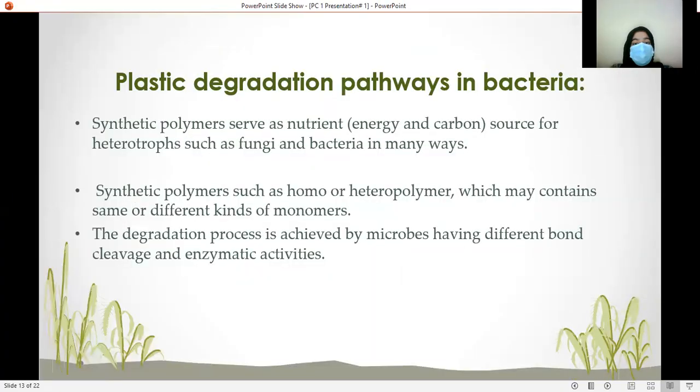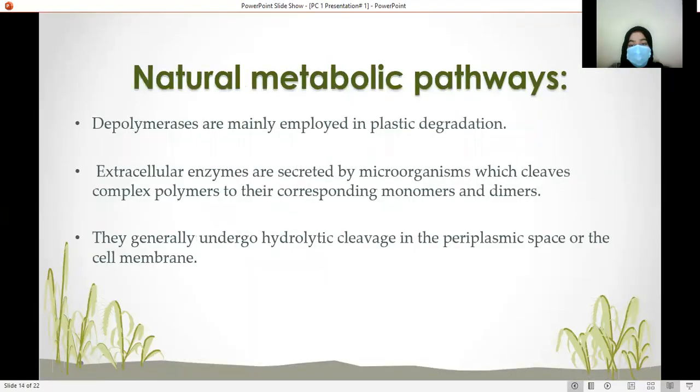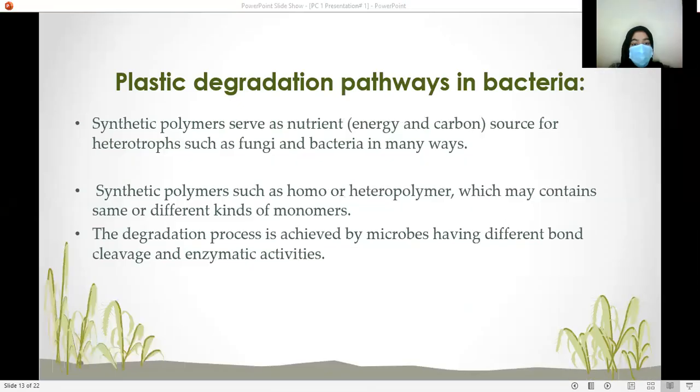Plastic degradation pathways in bacteria. Synthetic polymers serve as a carbon and energy source for heterotrophs such as fungi and bacteria in many ways. It basically includes polyethylene terephthalate, polyurethane, polystyrene, low density polyethylene, and high density polyethylene, commonly found in agricultural soils as microplastics.